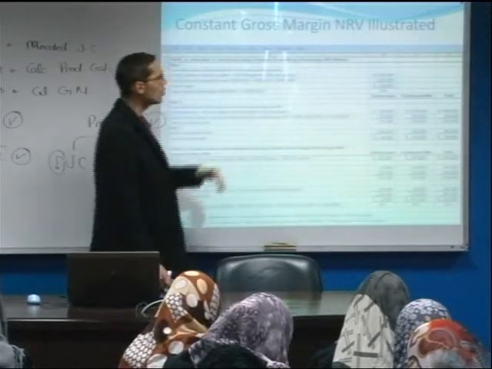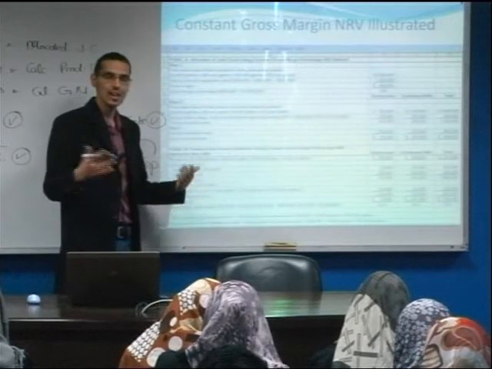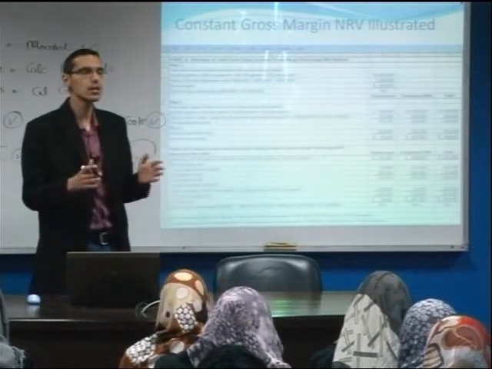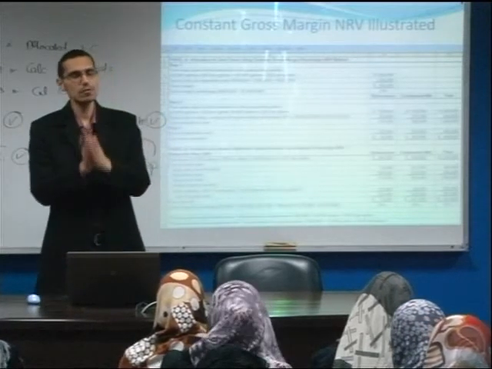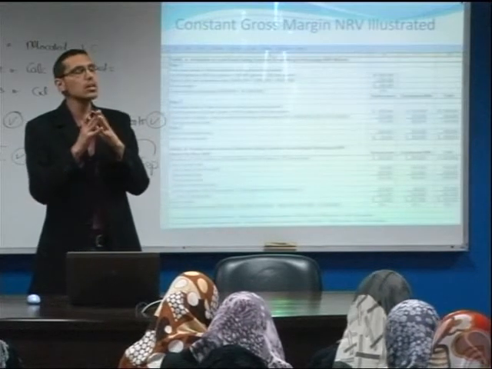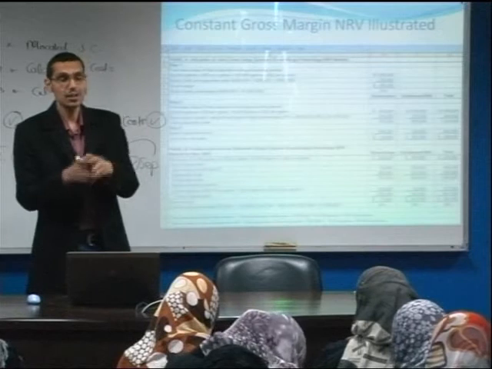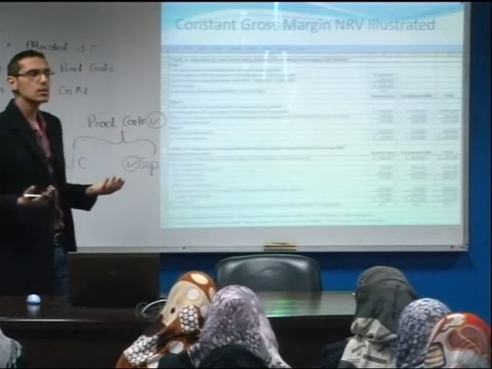Correct? Now, deducting the ending inventory would be done by multiplying the number of gallons at hand at the end of the period by the cost of production per gallon. How are we going to calculate the cost of production per gallon?